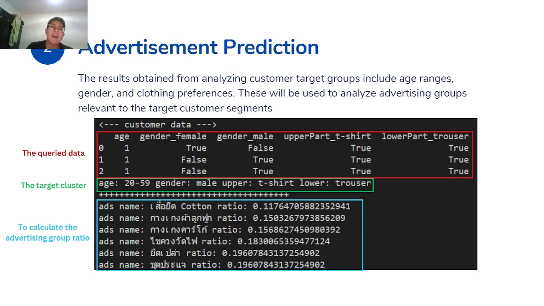In the advertisement prediction part, we get the result obtained from the analysis of the customer target group, including age range, gender, and clothing preference. All of these features are used for analyzing the advertisement group.